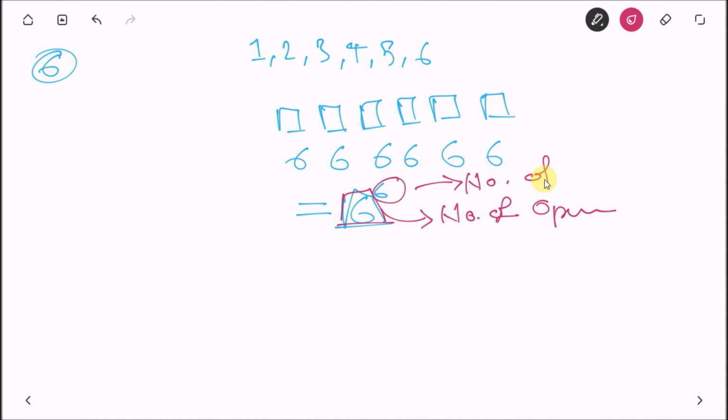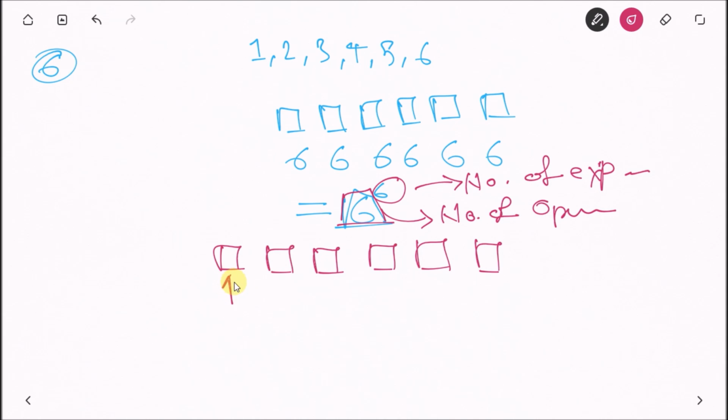If you have conditions, suppose that 1 should come at the beginning, so you will have 6 brackets and one option in the beginning, and 6 here, 6 here, 6 here, 6 here, 6 here, so 6 to the power 5.